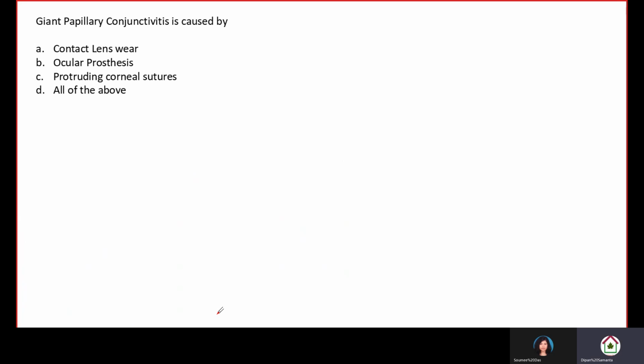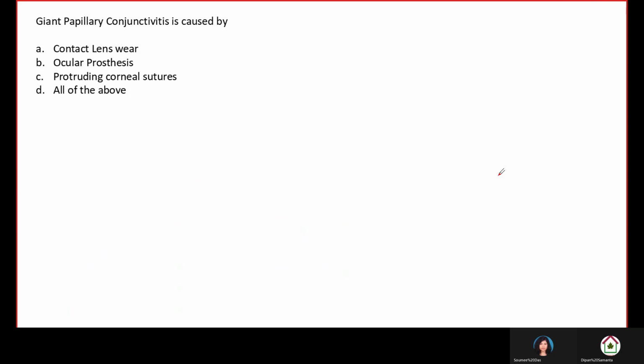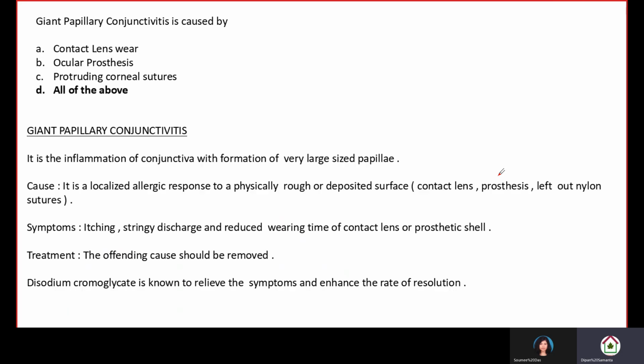Giant papillary conjunctivitis is caused by contact lens wearing, ocular prosthesis, protruding corneal sutures, and all of the above.